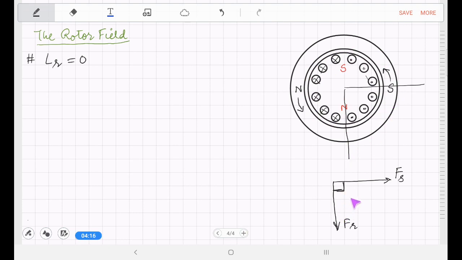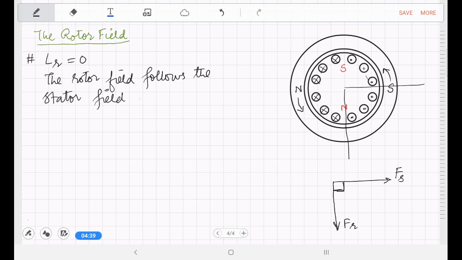So when the rotor inductance is neglected, the rotor field follows the stator field with a 90 degrees separation between the two.